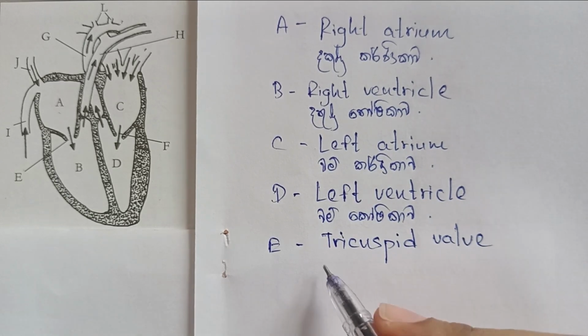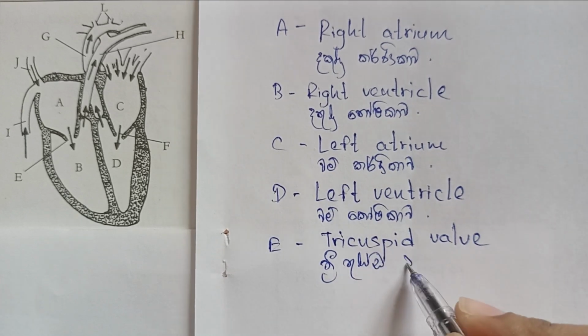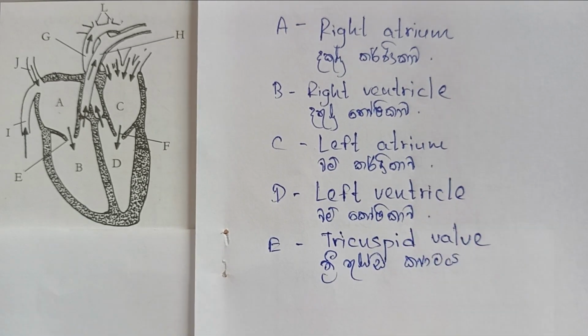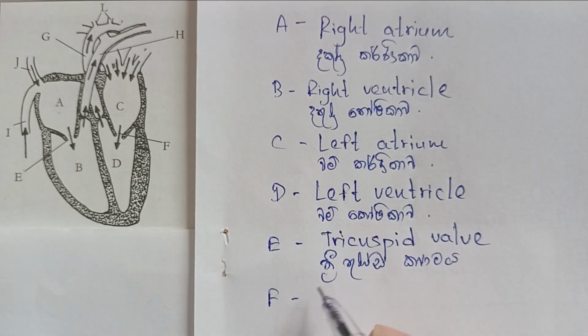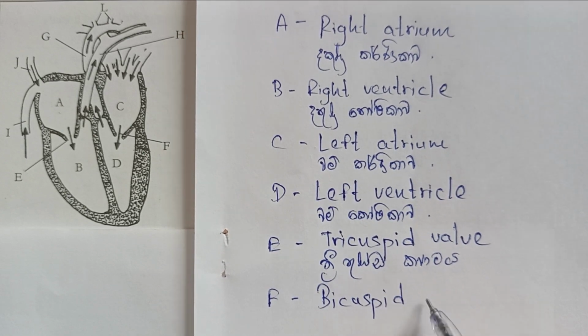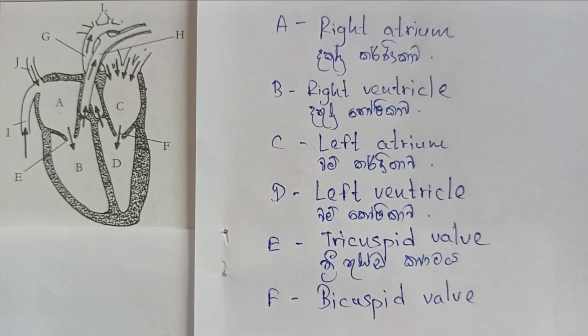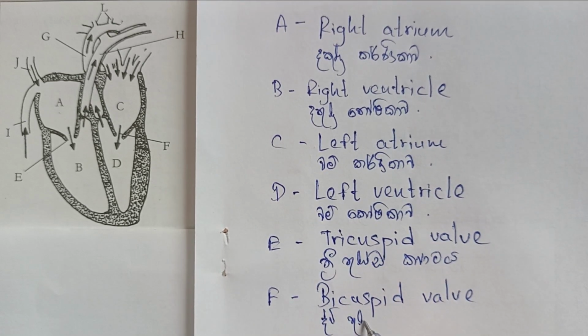In Sinhala we call Tritunda Kapataya. From letter F, they have labeled bicuspid valve. In Sinhala we call Dvitunda Kapataya.